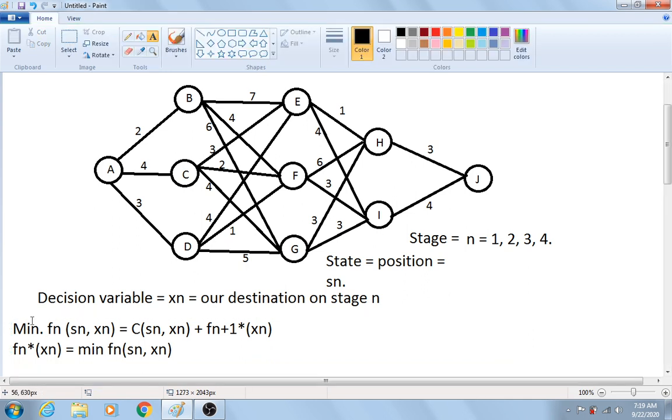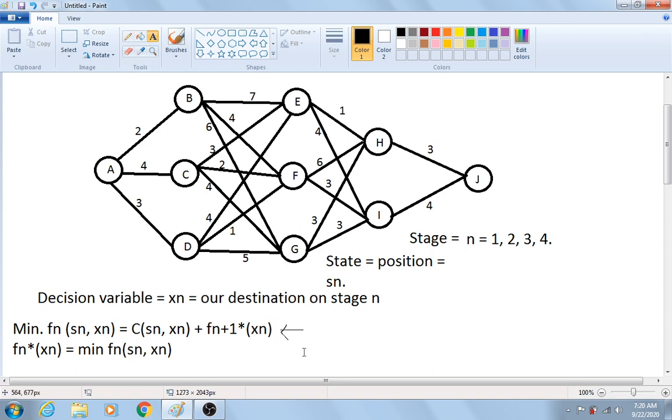Why is it the minimum value? Because our objective is to find the cheapest route. As you can see from this function, if we are at stage n, then we need to know the optimum cost up to stage n plus 1.